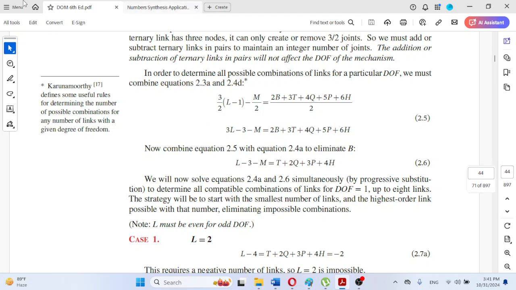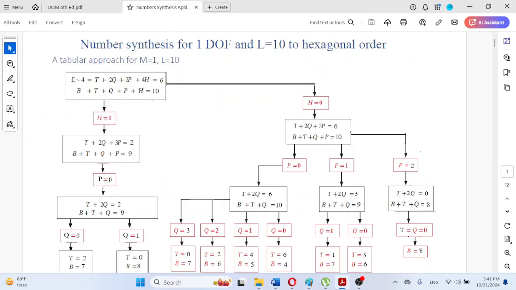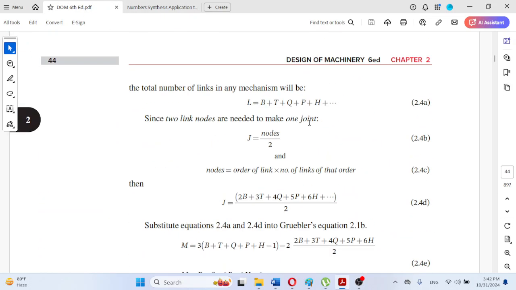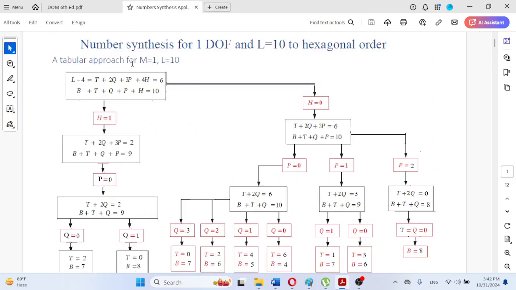So in this way, the equation is T plus 2Q plus 3P plus 4H. If the total number of links is 10, then 10 minus 4 comes out to be 6. So here 6 is written. The other equation that is used is equation 2.4a, which connects certain types of links to the total number of links. So the second equation is written below. These are two basic equations.